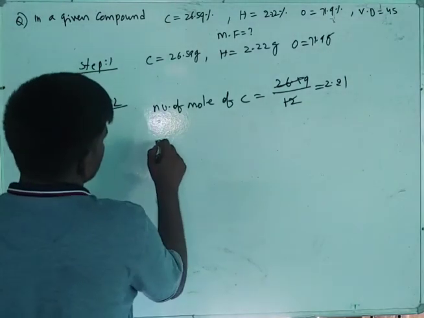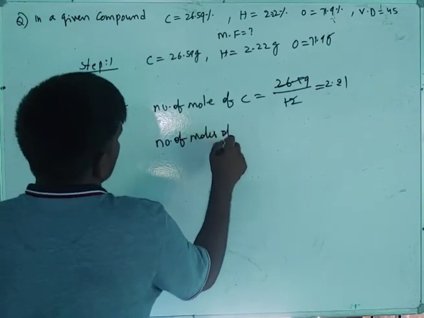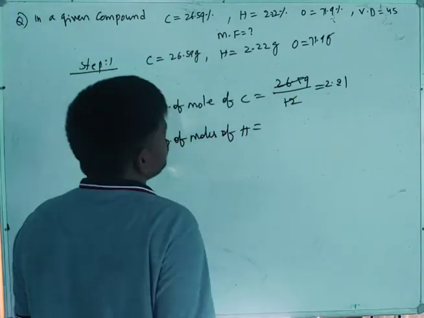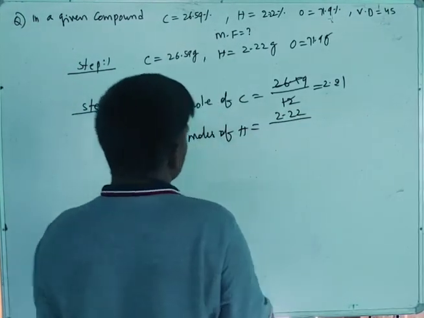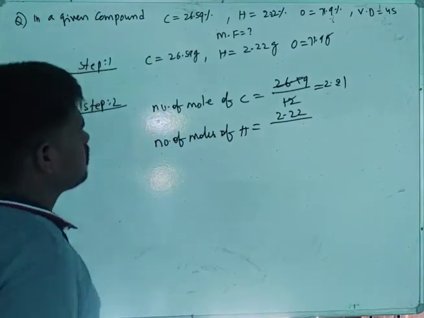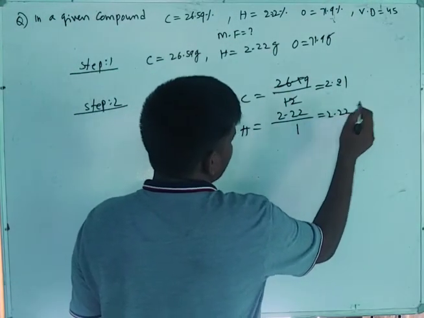Next, the number of moles of hydrogen. The given weight of hydrogen is 2.22, and the molar weight of hydrogen is 1 gram, so it is equal to 2.22.